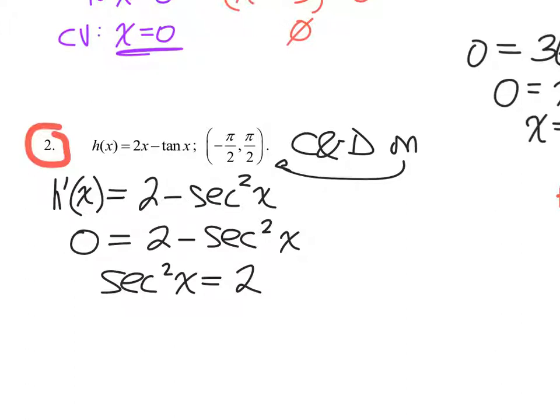We'll talk, just very briefly, about the idea of it being undefined. I mean, we can set it equal to 1 over 0 if we want, but secant is 1 over cosine, so the only place in which the cosine is going to go to 0 would be at pi over 2 or negative pi over 2.